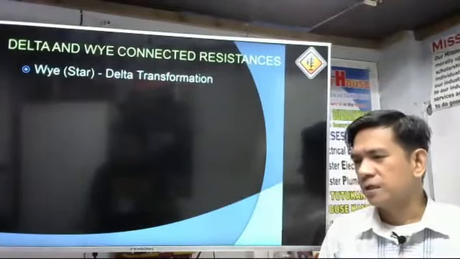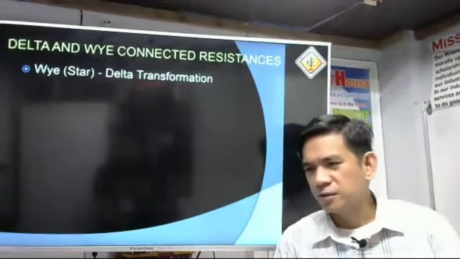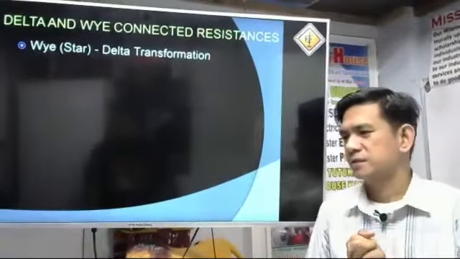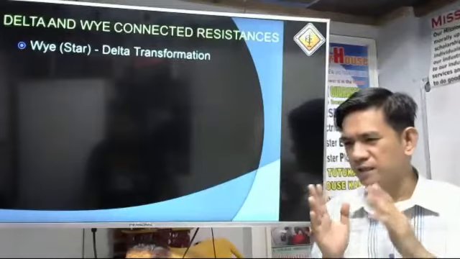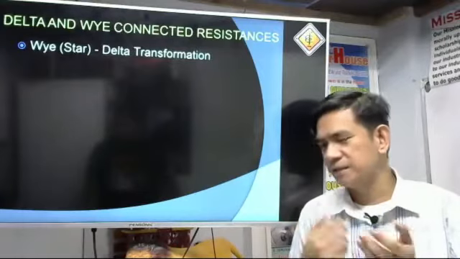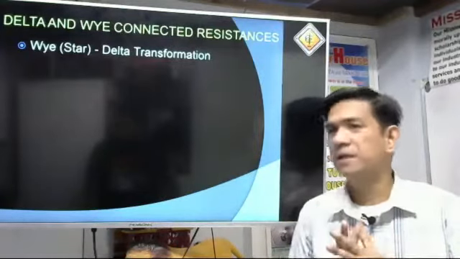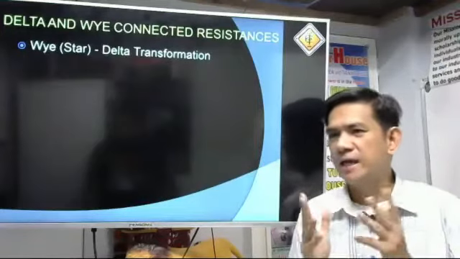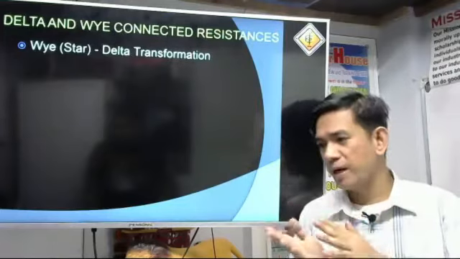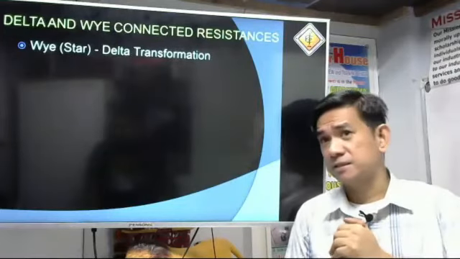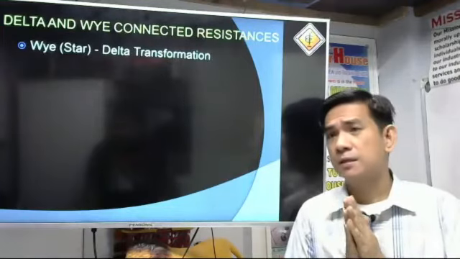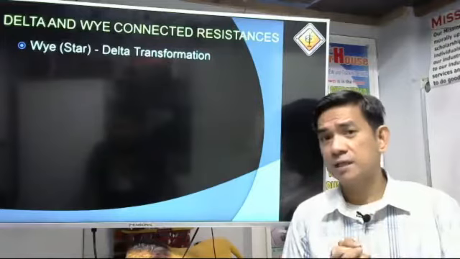One application of Y delta transformation is in transformers, wherein we connect it in Y or in delta, and in electrical circuits wherein we make some analysis regarding Y system, delta system, and especially when we analyze the unbalanced system wherein we convert Y to delta or delta to Y. In a three-phase system, if you have a balanced system, it's good to analyze a Y system.